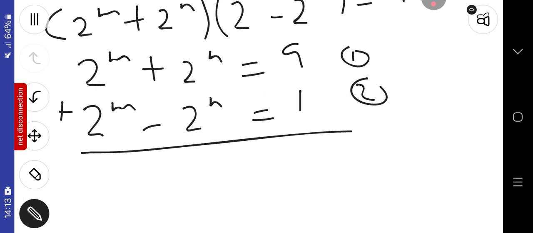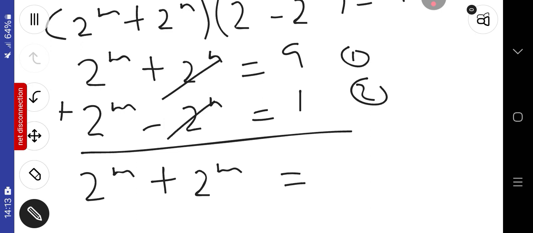Adding them, 2 exponent m plus 2 exponent m gives 2 times 2 exponent m, and the 2 exponent n terms cancel to give 0. It's equal to 9 plus 1, which is 10.